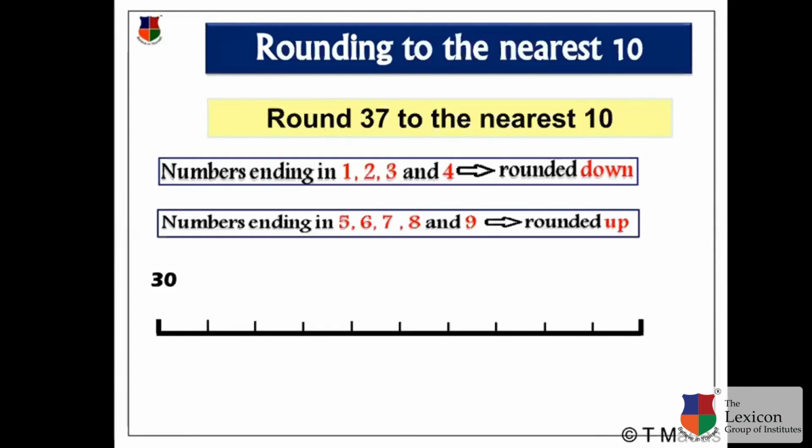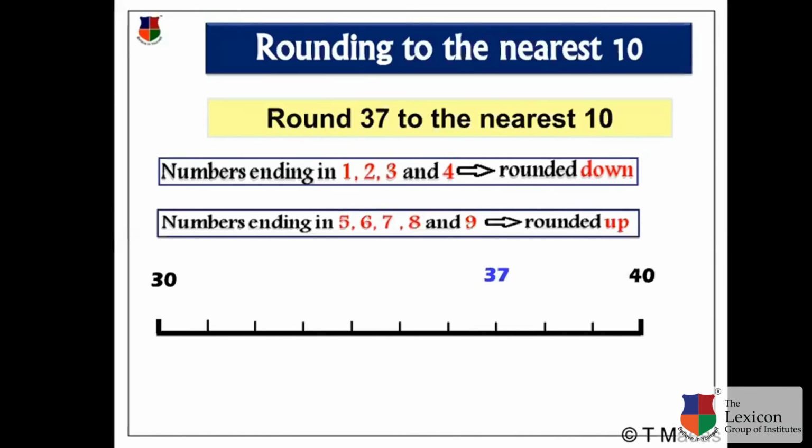If you look at the number 37, it comes between 30 and 40, correct? So I have written 30 and 40 on a number line. Now 37. If I look at the tens digit, which digit is at tens place in 37? 3.